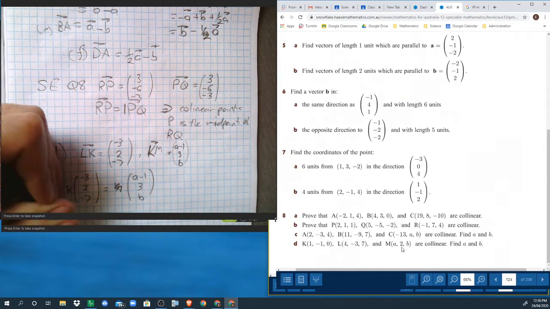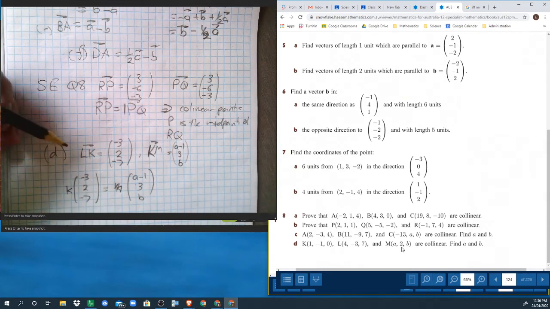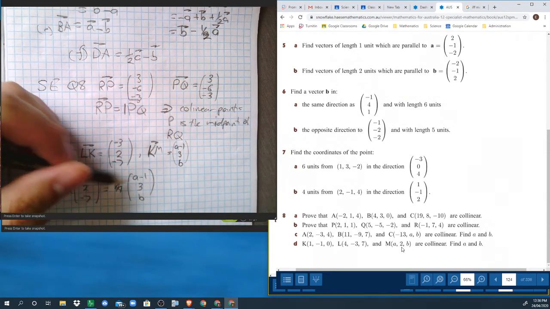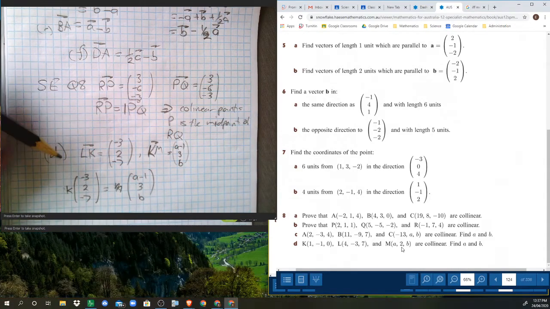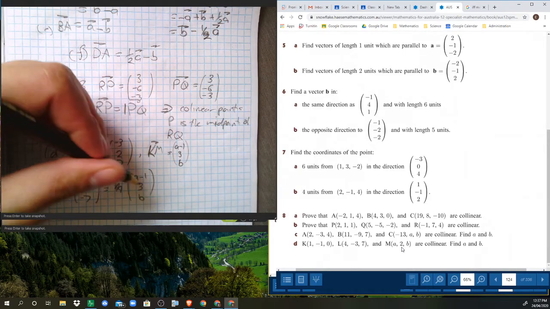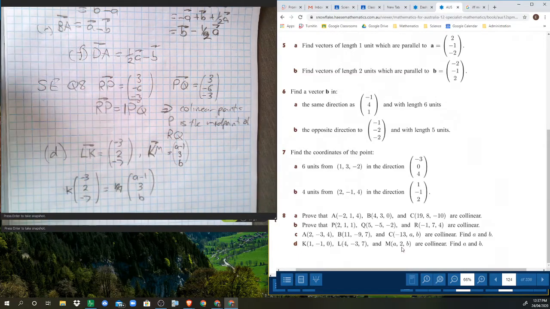Okay, 2k equals 3. K equals 3 on 2. Because then I can just apply the k over here, and at least it's dealt with on that side. I don't have to keep moving it back across. So long as there's a scalar value times this vector equals that vector, then that's true because they share the point K, so they're collinear points.